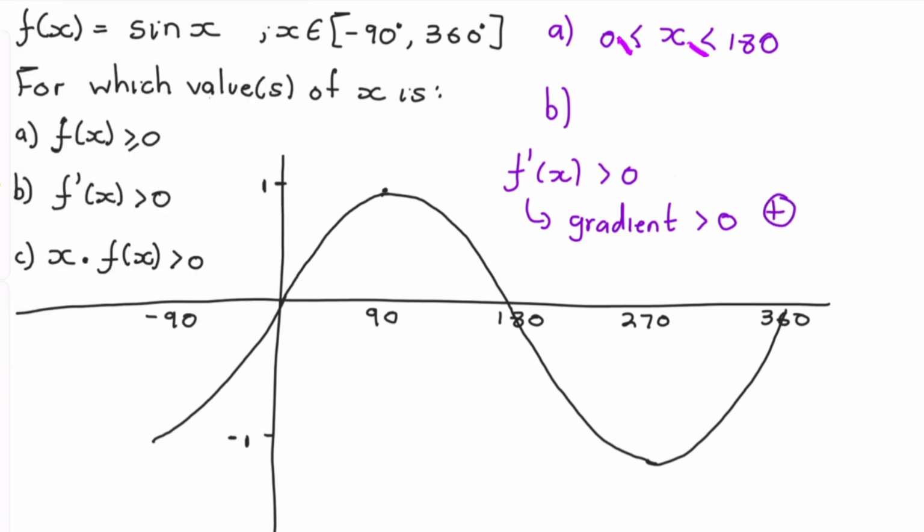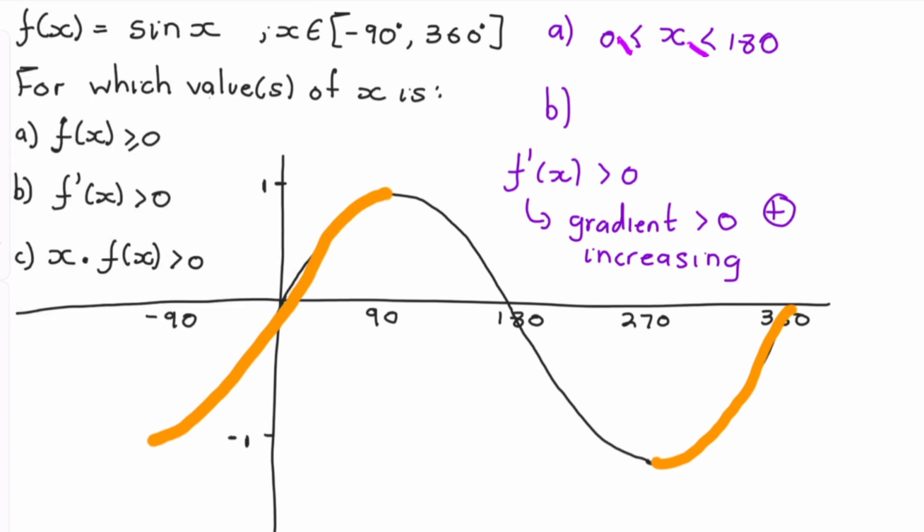So where is the graph, where do we have a positive gradient? It's also where our graph is increasing, right? Because if our graph is increasing, it will have a positive gradient. So we have a positive gradient over here and over here, right?